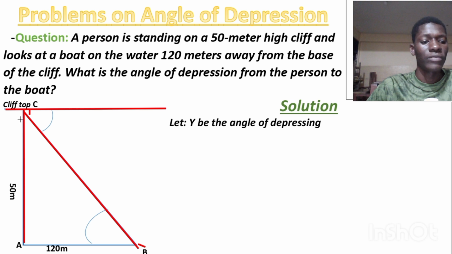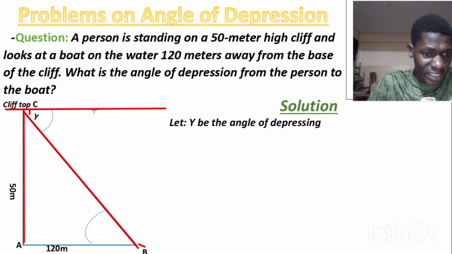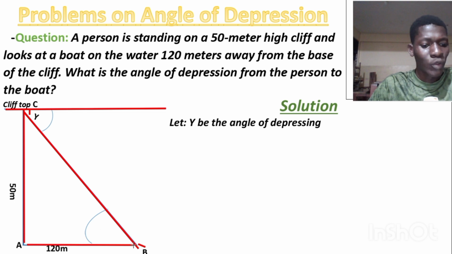So this is the top of the cliff. Let the angle of elevation be Y. That means this angle is Y, so we put our Y here. To make it simple, we can bring this Y here because we know that if two lines are parallel in mathematics, this line and this line here are parallel lines, so alternate angles are equal.